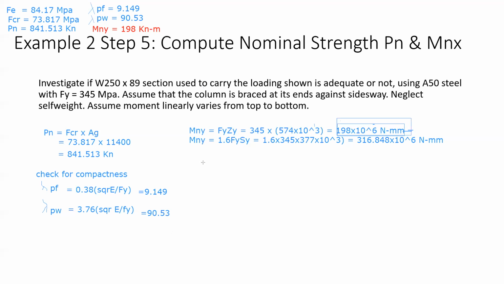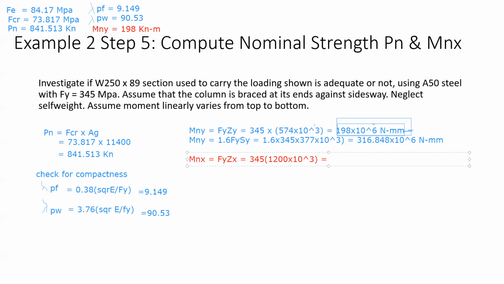Now that we have Mny, let's also solve for the nominal moment along the X. So that is our Mnx. Ito naman, this is equal to Fy times Zx lang. So this is now 345 times 1,200 times 10 raised to 3. So what is the value of Mnx?